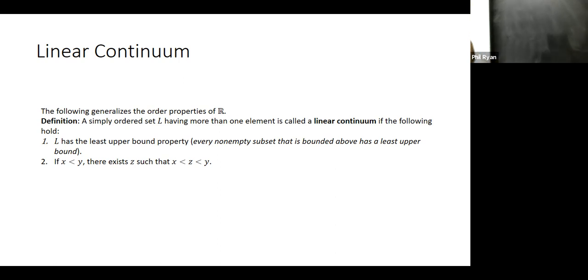And also the second thing is that given two elements in the set, so one has to be smaller than the other, we can put something in between. So these are the basic order properties of R that are of interest to us in topology.